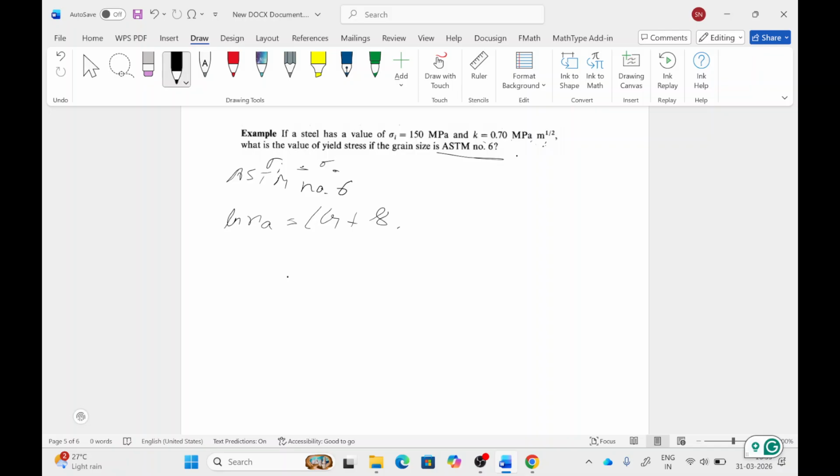So grain size also has some standardization under ASTM, and the different grain sizes are given numbers. So we can convert this number into actual grain size in meters or micrometers.